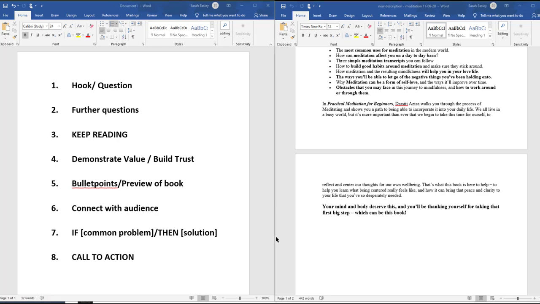Or then look no further. It can be really anything. What works for your book might not work for this book, and obviously every niche is going to be a little bit different. You want to specifically address a problem that you feel your reader will have, and go ahead and say, then this book is for you, or then look no further.